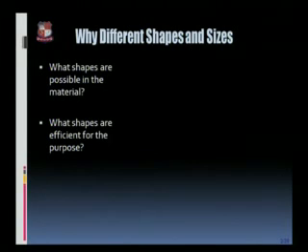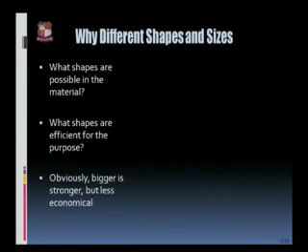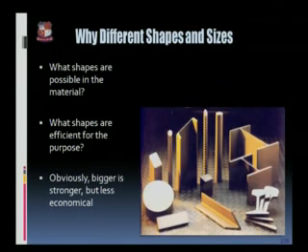So we have to see all these things: economical, efficient, and aesthetic, and the purpose is solved. Obviously bigger is stronger but less economical. You can see over here we have got different shapes.